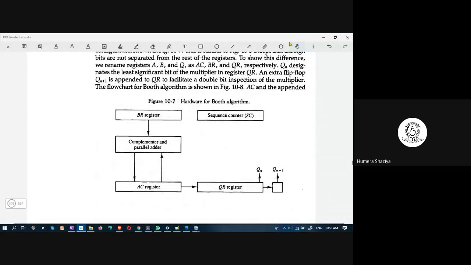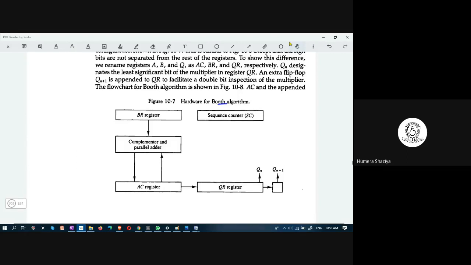This is the hardware for Booth algorithm. BR, this is one register. SC, sequence counter. Complementer and parallel adder. AC register, accumulator. QR register, multiplier. BR is multiplicand. 2 bits are considered in this case.